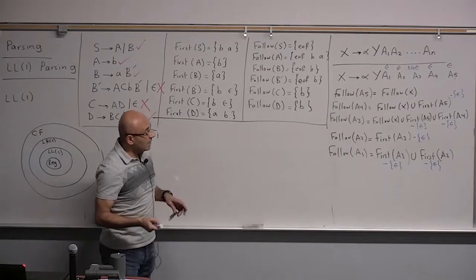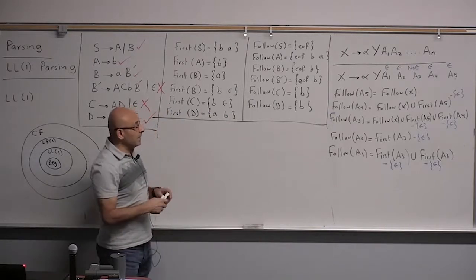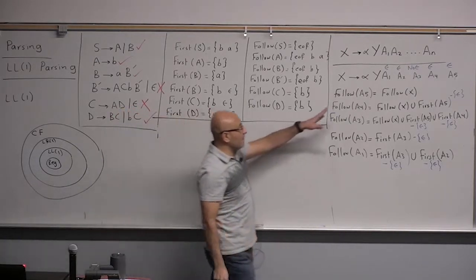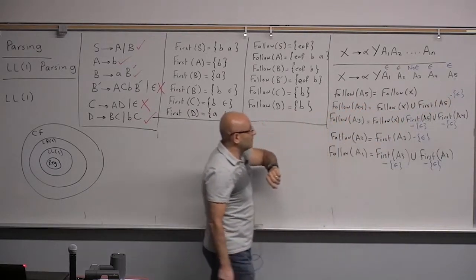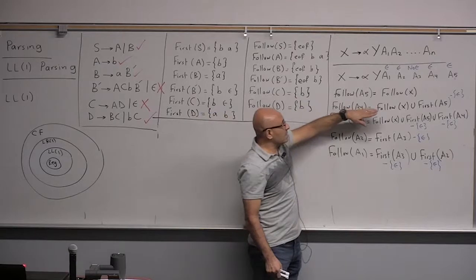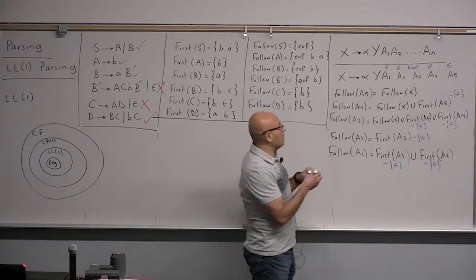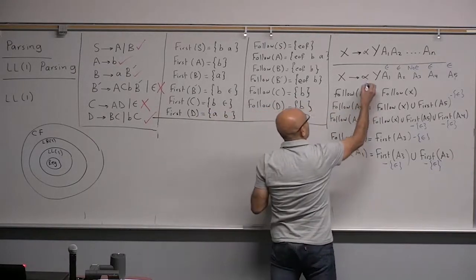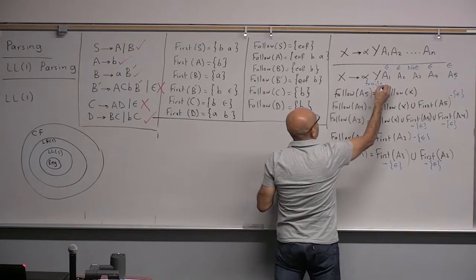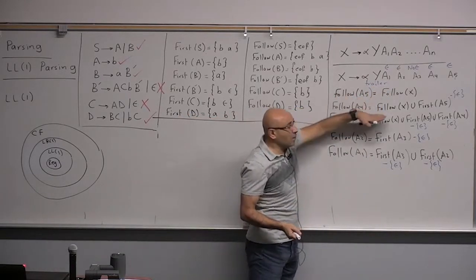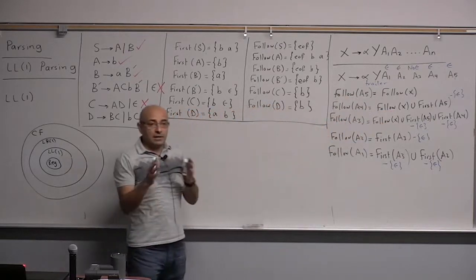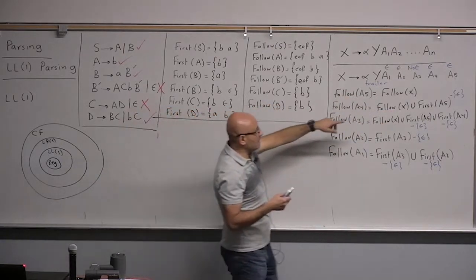So the algorithm in the book is based on scanning from the last symbol in the production. You initialize what they call in the algorithm a trailer. So the trailer is initially the follow of x, and you keep accumulating in that trailer the first sets as you scan.